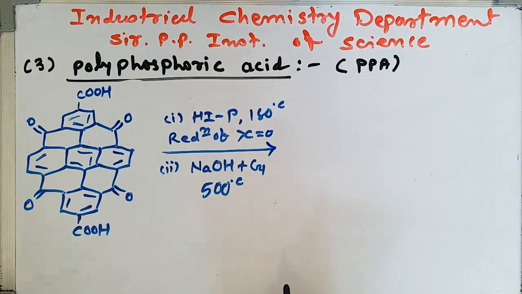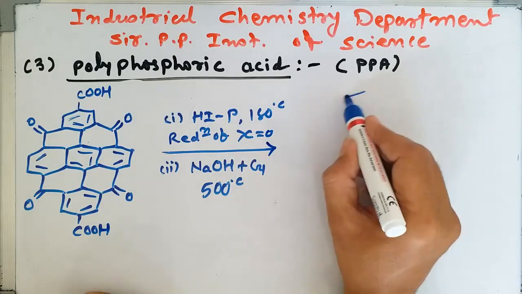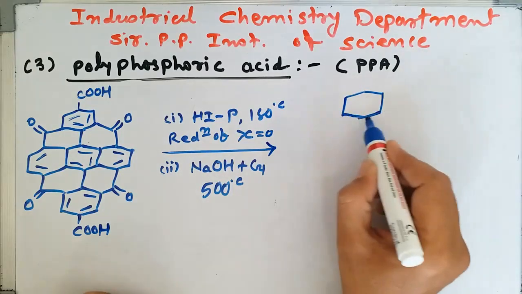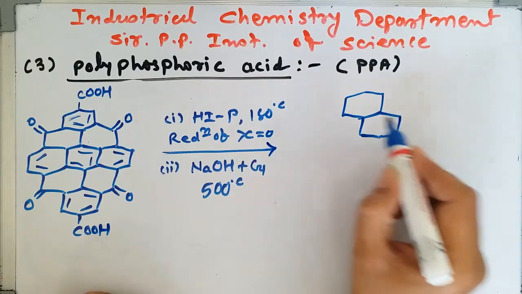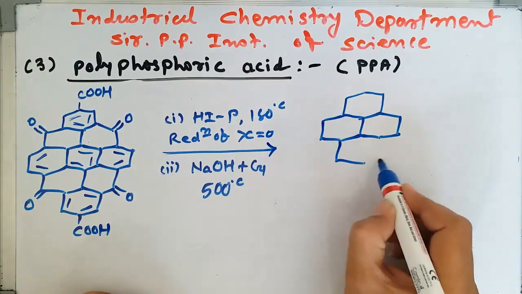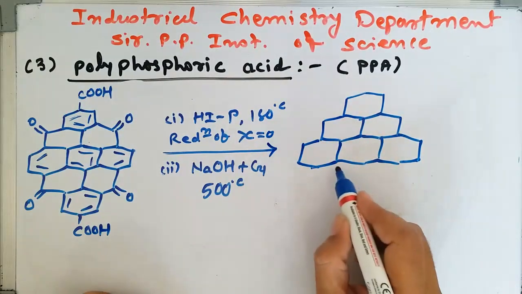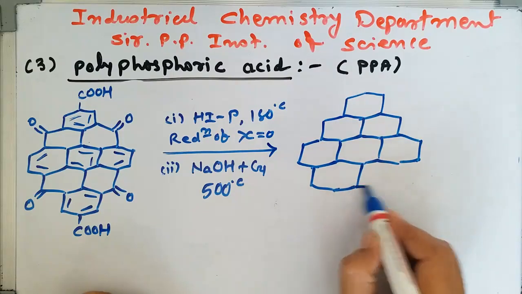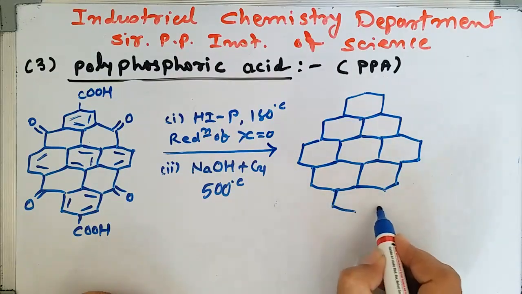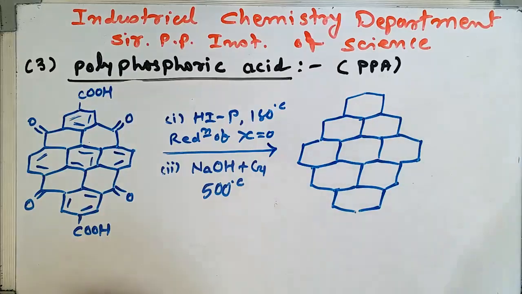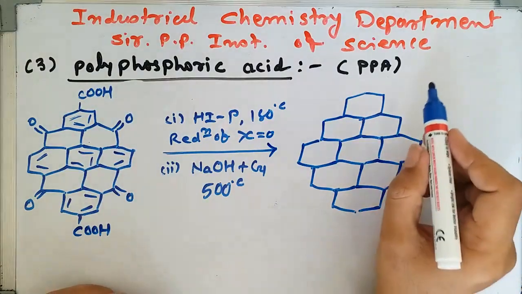This dicarbocyclic compound is converted into dibenzocoronene. And we arrange the double bonds.